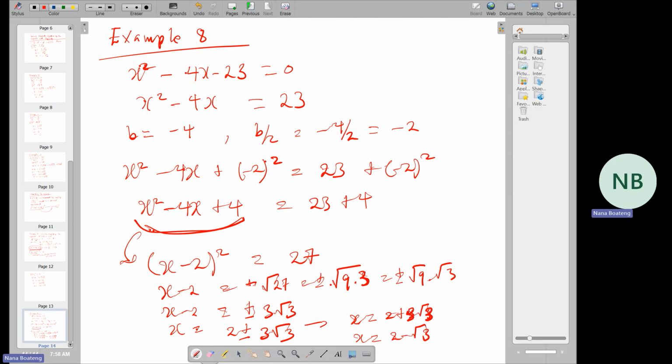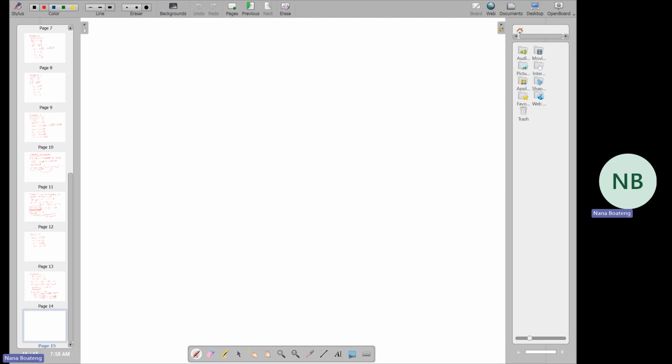All right, so this becomes our solution, solving this quadratic equation by completing the square. Okay, so then let's solve by the quadratic formula. Let's look at solving quadratic equations by the quadratic formula.